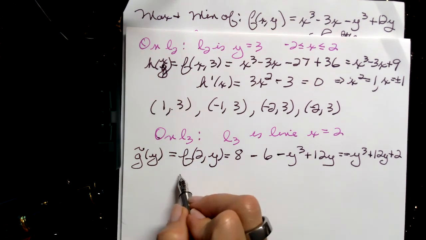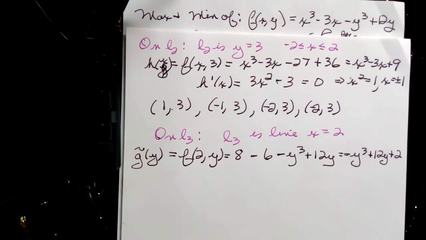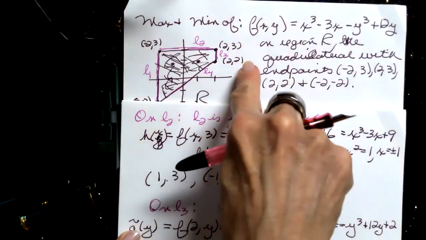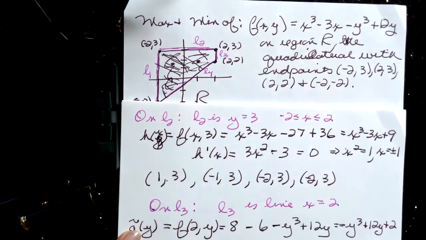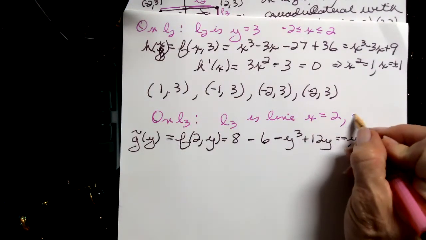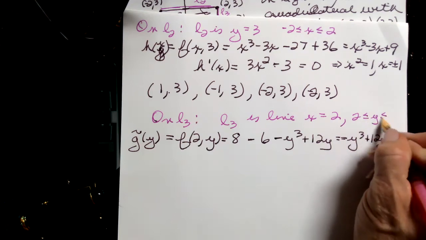Now we have to maximize g tilde. We forgot to write down that in our graph on L3, y only goes between 2 and 3. So this is y between 2 and 3.